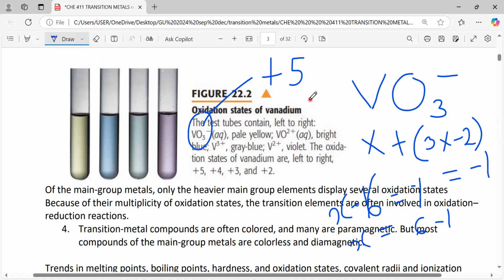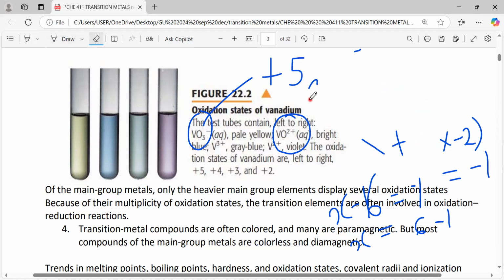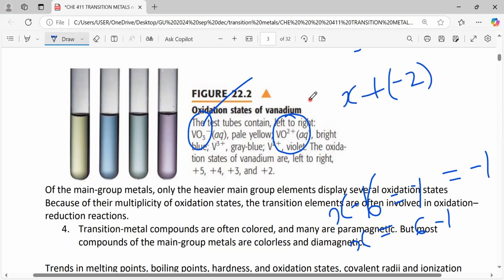You can do the same for that one, which will be X plus -2. One oxygen is -2. Let me rub to create some space for the working, so that we can remind those who have forgotten and are daydreaming. So X plus -2 should give us positive 2.